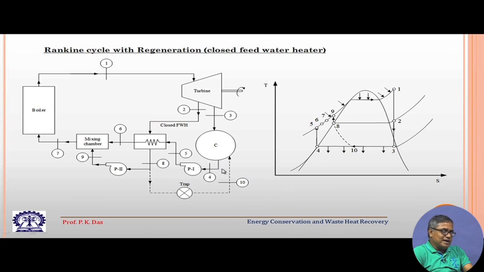Now, when we are sending back the condensate to the condenser again, there could be some sort of flashing, which I will describe now. So, let us first take the first option. Steam is expanding, here the steam is being extracted and then the rest of the steam is being condensed in the condenser.